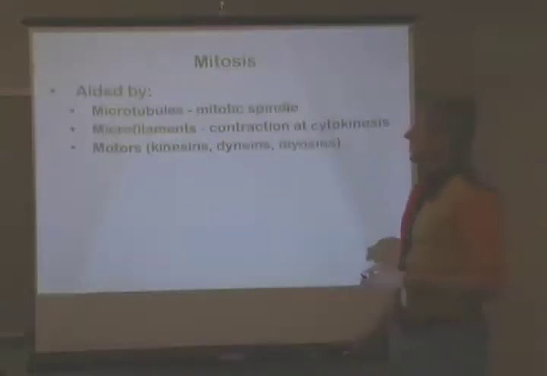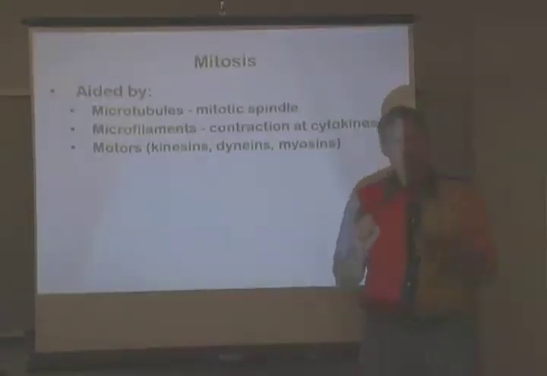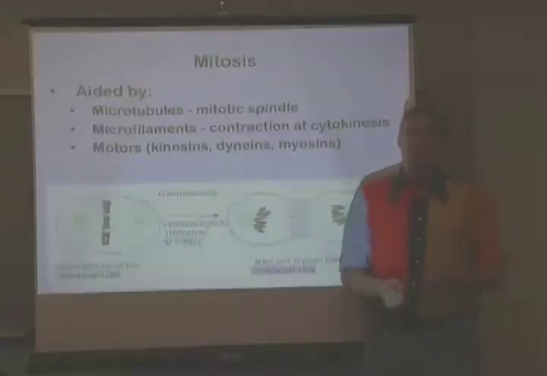Microtubules are part of the mitotic spindle. Microfilaments, actin filaments, are part of the contraction that separates the two cells during cytokinesis. And of course, there are motor proteins that are involved in both of those events. Each cytoskeletal element has its own motor.